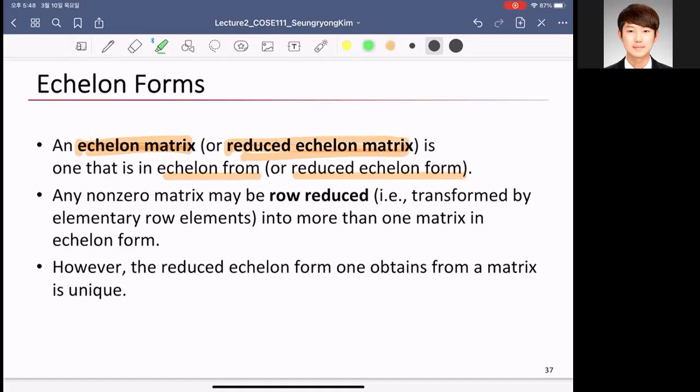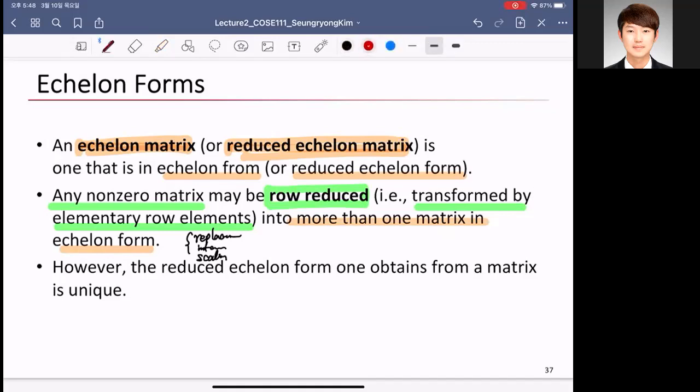One more property is that any non-zero matrix may be row reduced, transformed by elementary row operations. What are those? Replacement, interchange, scaling. You can all hear me? Replacement, interchange, scaling, into more than one matrix in an echelon form. One matrix, echelon form, right?